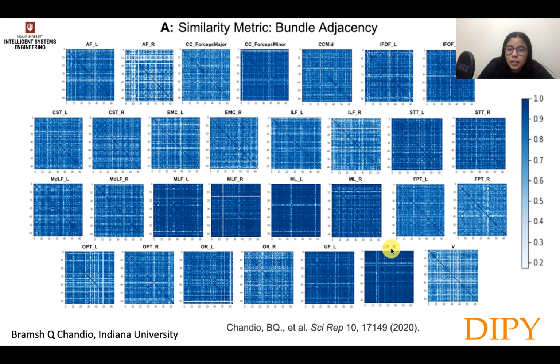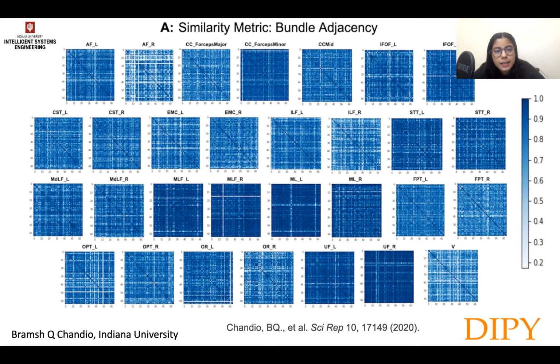For example, uncinate fasciculus right, even left, MLF left and right, ML, even forceps minor. On average, most of them are blue. And here we set the threshold to 5 millimeters, which is a strict threshold.